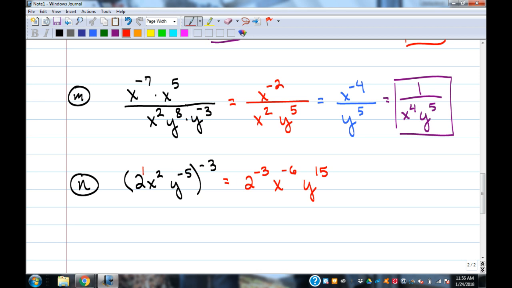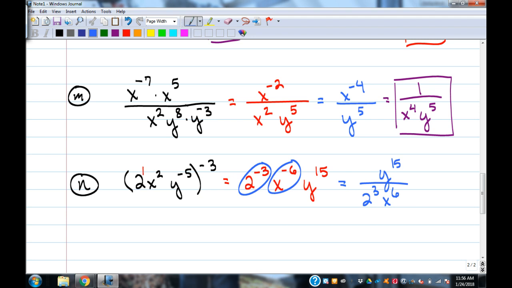Okay. Now, what has to move? The 2 and the x have negative exponents, so we got to move them where? To the bottom. So that's 2 cubed, x to the 6th in the bottom. Does the y move? No, he stays up top. There's exponential form.